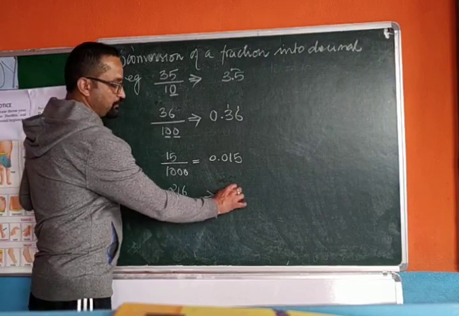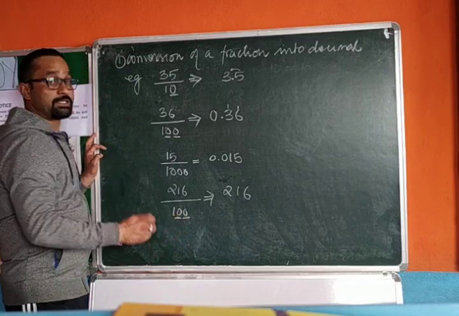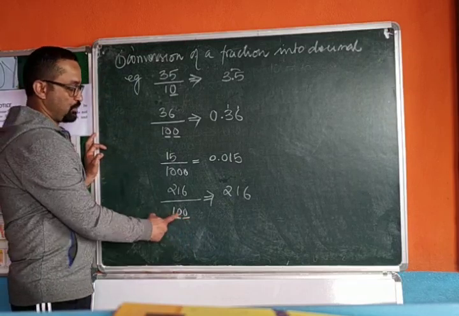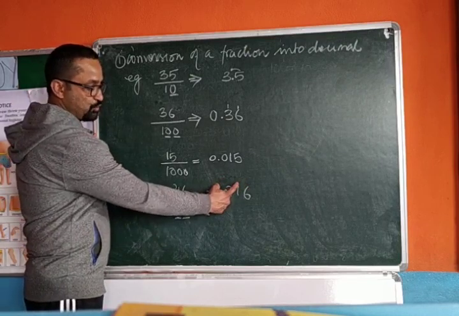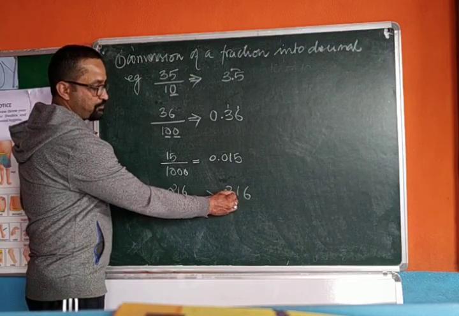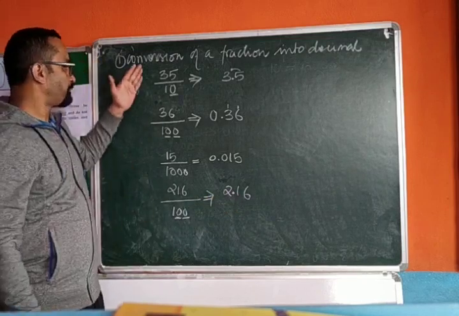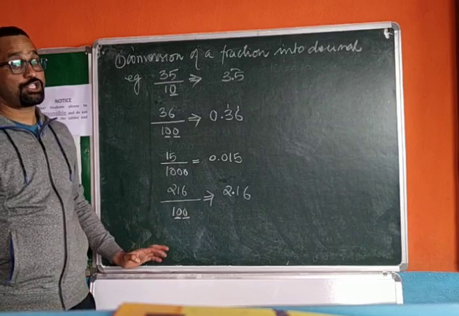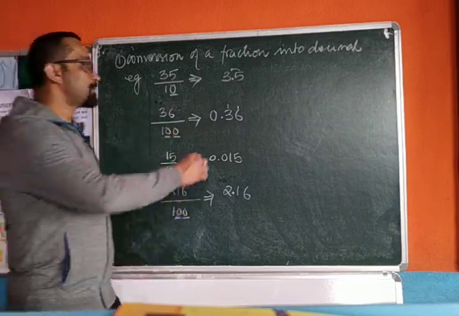Numerator is copied, number of zeros at denominator is counted, 2 zeros, 1 place, 2 place, and then you have to put 0. This is how we convert given fractions into decimal. This is type 1.